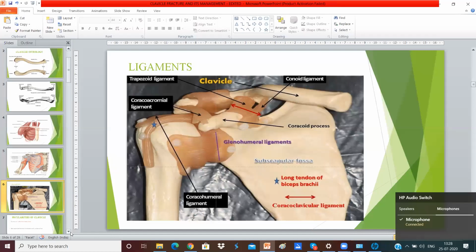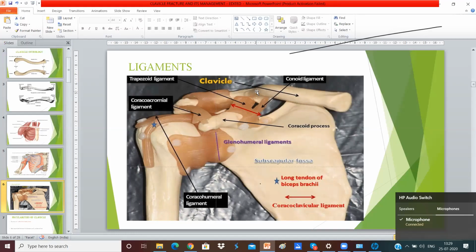That is about the muscles and the correlations with the important neurovascular components. On the other hand, there are various ligaments which are important to hold the clavicle in position, particularly the formation of your acromioclavicular joint. Then you have this important ligament from the coracoid process to the clavicle, the trapezoid ligament and the conoid ligament. These ligaments are important to hold the clavicle as a suspensory ligament, just like a parachute.